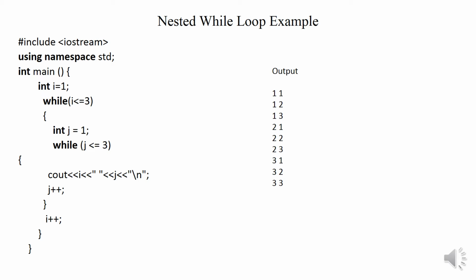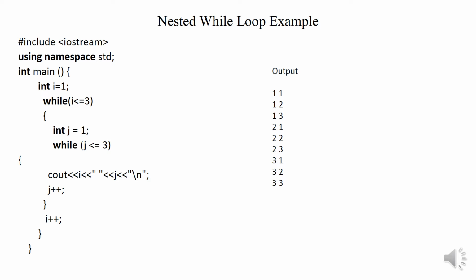Friends, likewise the nested for loop, the nested while loop is also present. A while loop inside a while loop is called a nested while loop. That will be executed similarly, but here we have to initialize two variables before executing the final test condition.